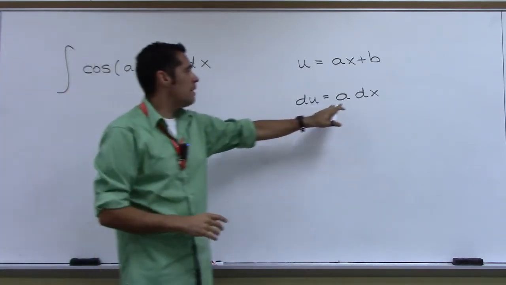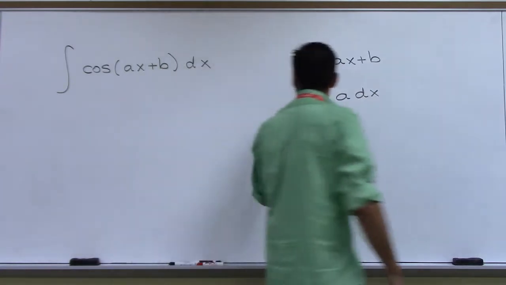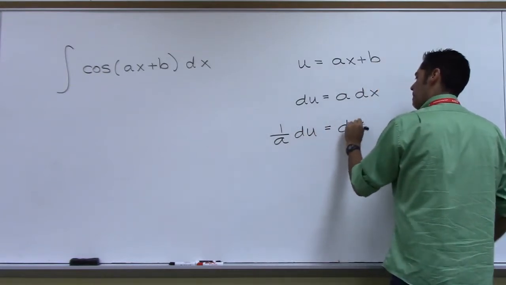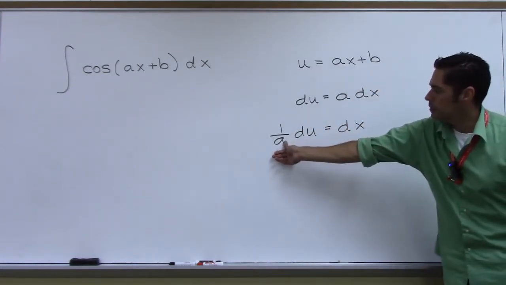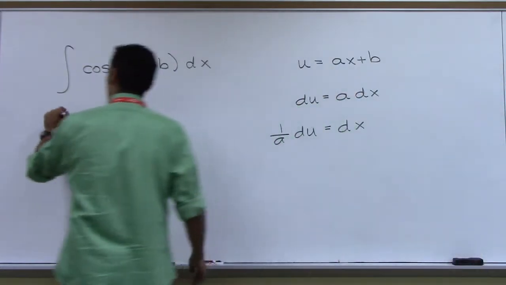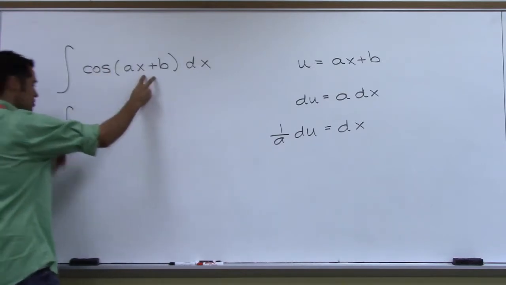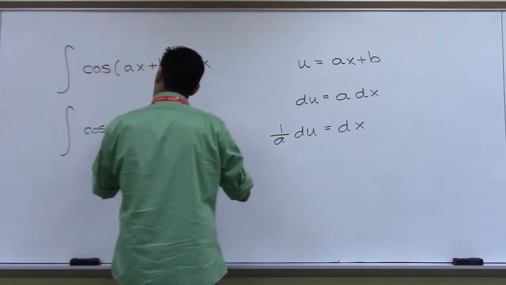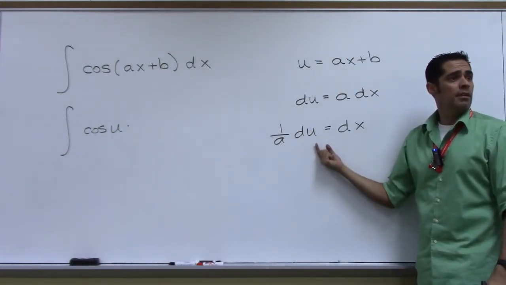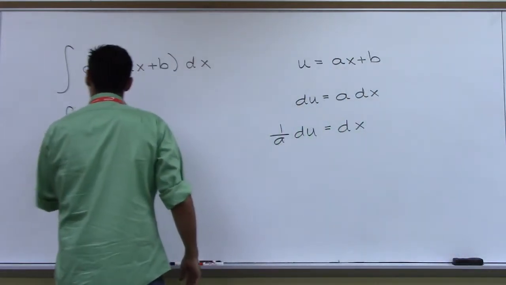So we would have to divide through both sides by a, or in other words, scale by a, like this. And so when I rewrite this integral, it's now going to become cosine u times the dx, which is actually 1 over a du. And then what can I do with that 1 over a? Pop it out, right? So 1 over a and then du.